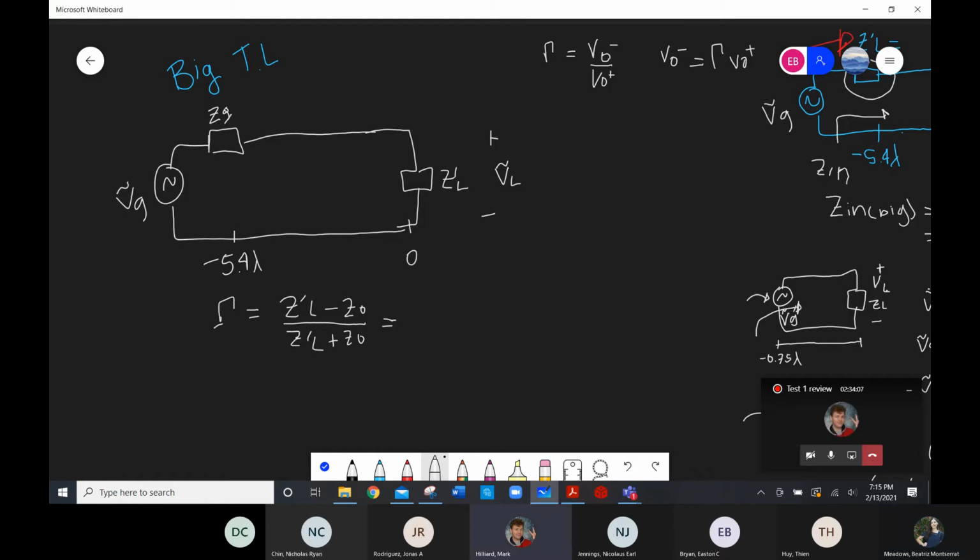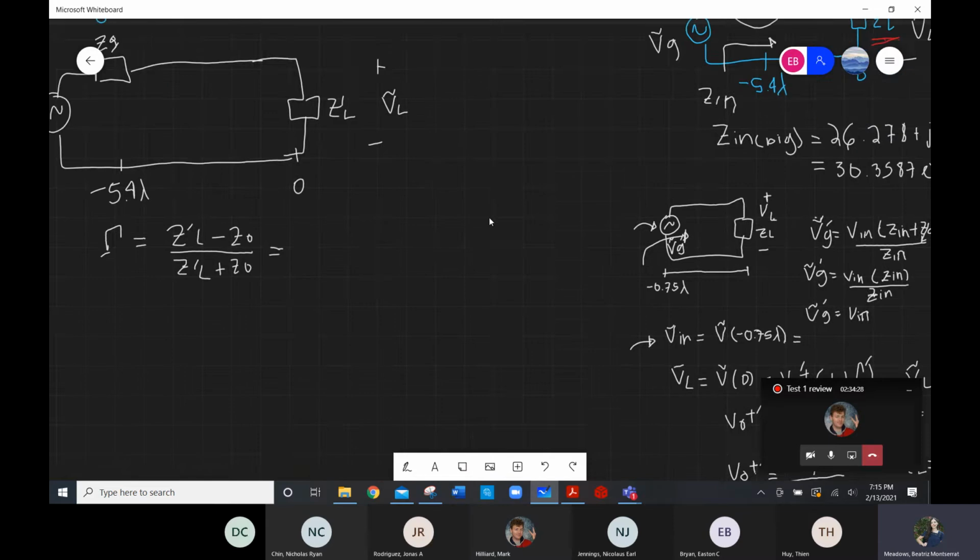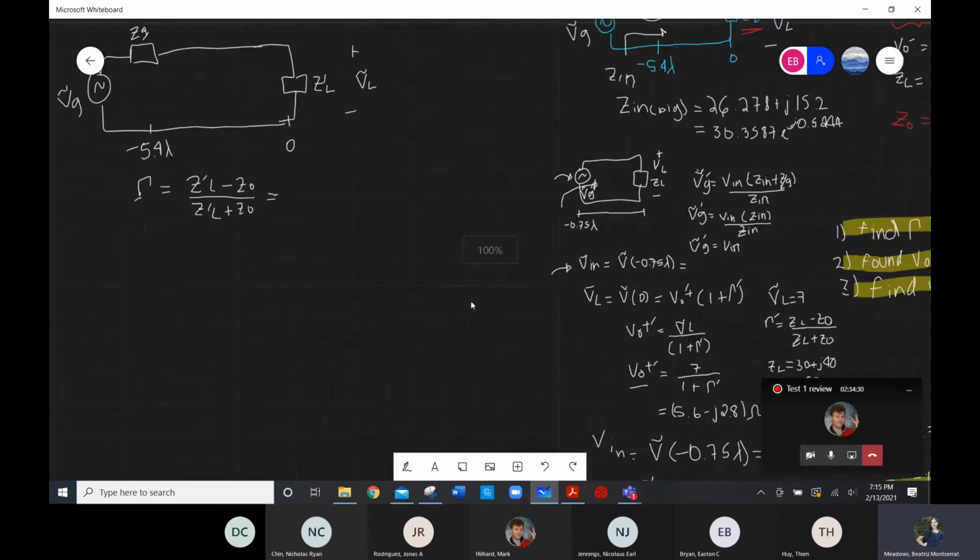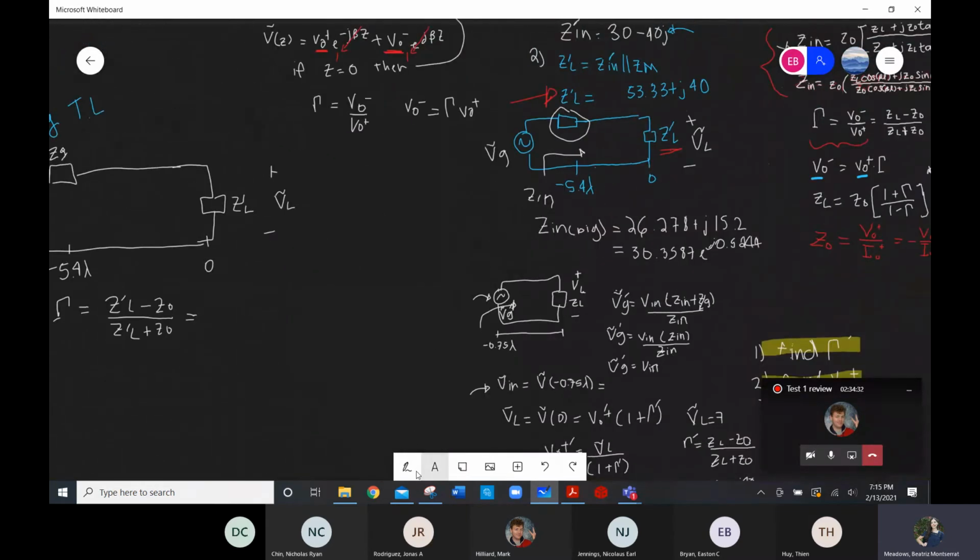I didn't have the correct variable for the last thing because I got like 2.8 plus 1.4. I didn't have it right. Okay, but for gamma, we're using this one here. Remember, what was our value for Z? This one.